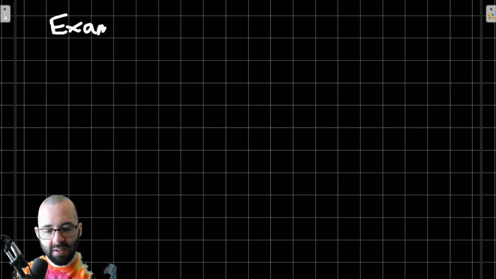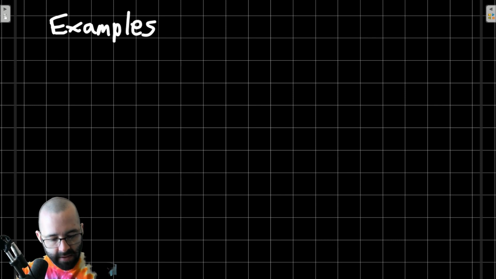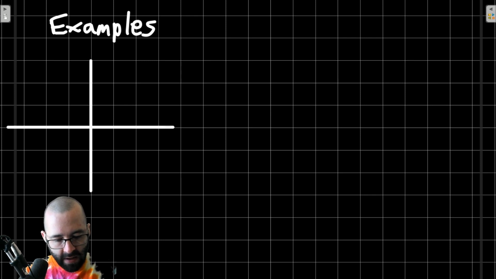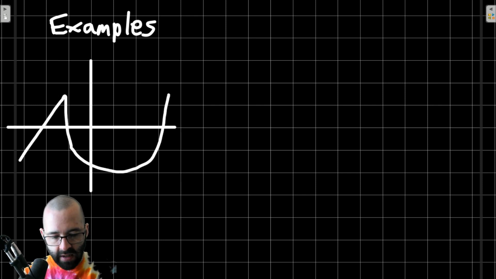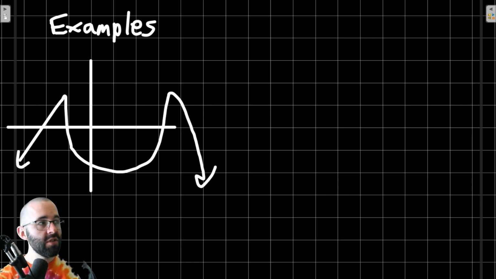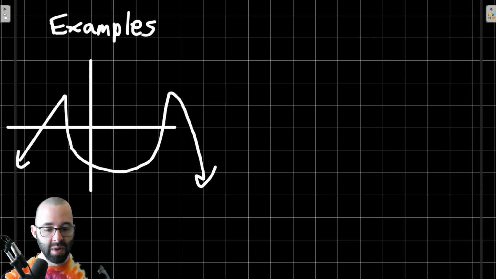Let's look at some things that are continuous, some things that are not continuous. Say we have a function like this, and it goes up like a line, and then it's jagged, and then jagged again, and then it goes like that. This function is continuous everywhere.